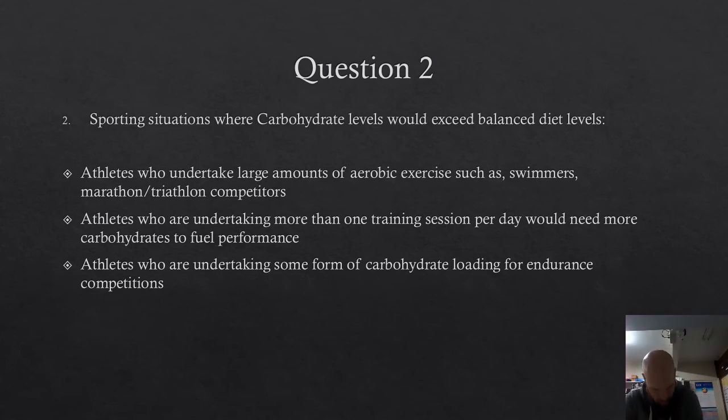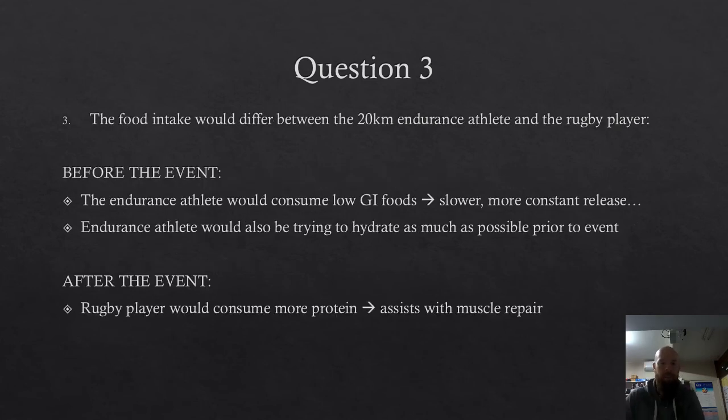Question 3, why would the food intake of competitors in a 20-kilometre run be very different from that of rugby players before and after? So the reason behind this is because we haven't looked at it yet, but the endurance athlete is going to be consuming foods that have a low GI or glycemic index. That is in your booklet.